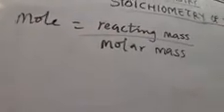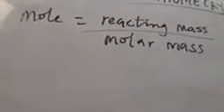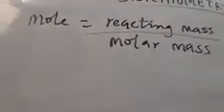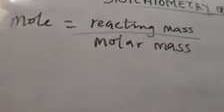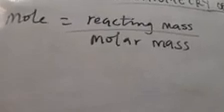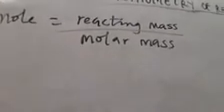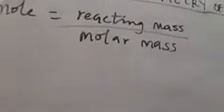For example, the reacting mass of sodium chloride could be 25 grams, but you know that the molar mass of sodium chloride is more than that. Or the reacting mass of chlorine in a chemical reaction can be 10 grams, but the molar mass of chlorine is 35.5.